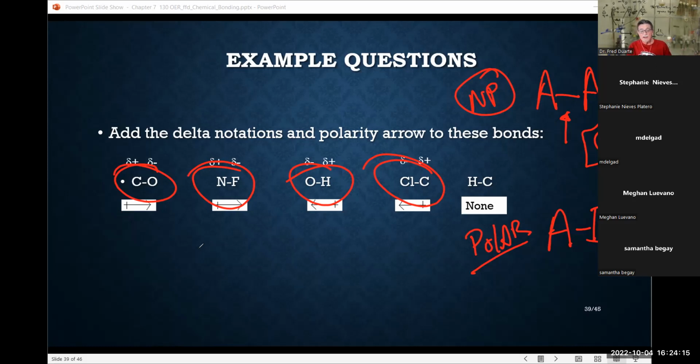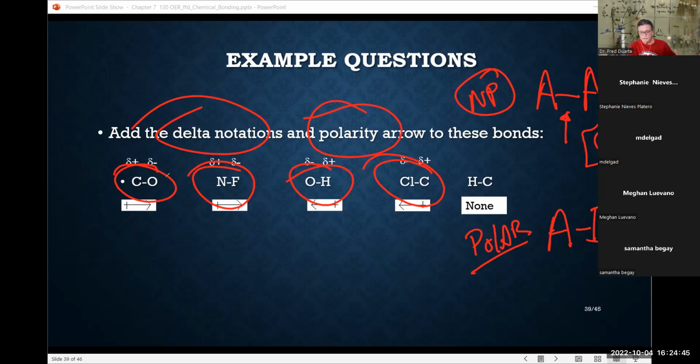Now, if they ask you to put in the delta notation and the polarity, well, then that's where you use their relative position to fluoride. Whoever's closer to fluoride is the most electronegative, and therefore the arrow will point to the most electronegative element, resulting in a polar bond, a permanent polar bond, okay?